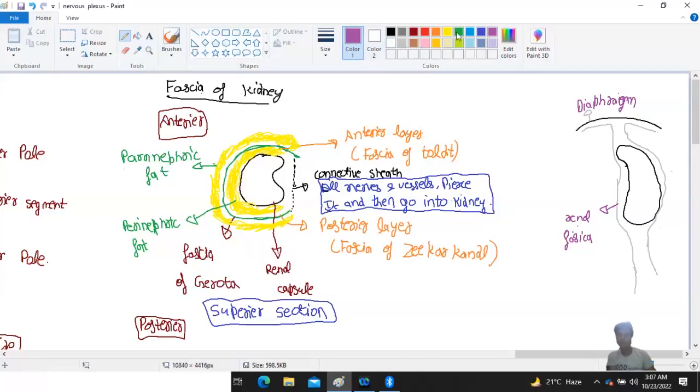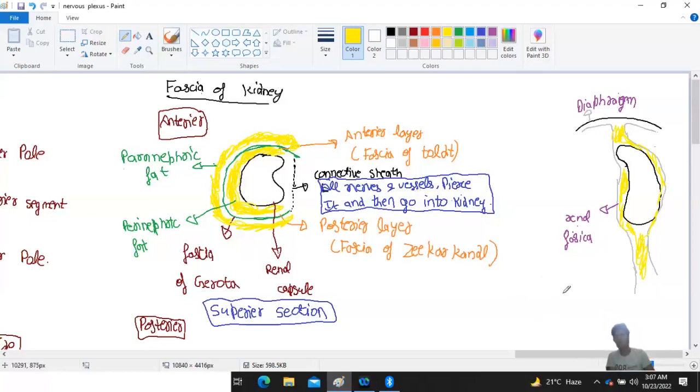And then we know the fat is present inside and outside. There is fat present all around. So this is the fat in the coronal section, basically.